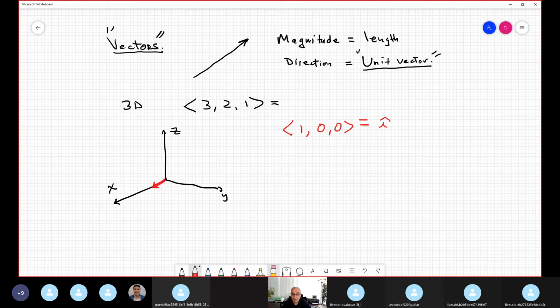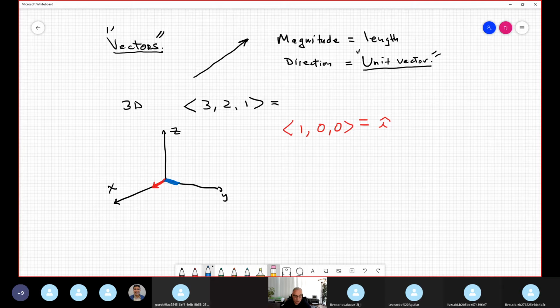vector. And this indicates, let me explain in detail after, the reason I put this hat. But now we have another unit vector case like that.